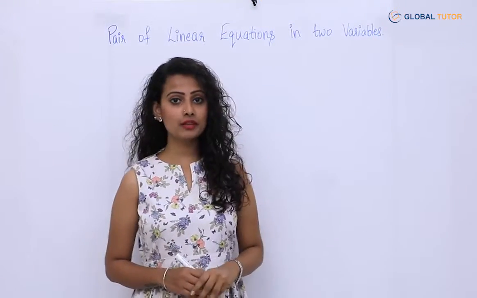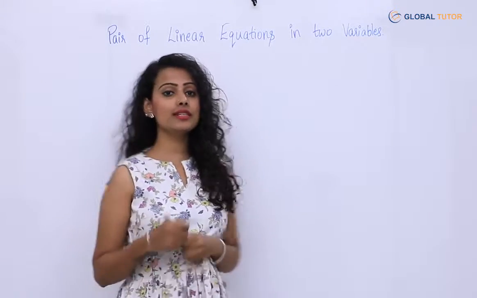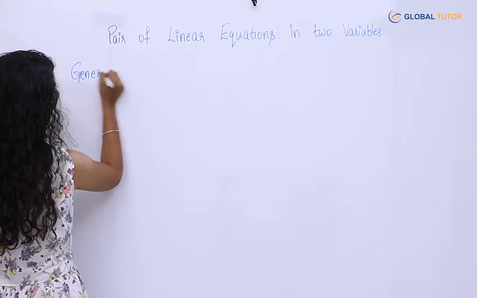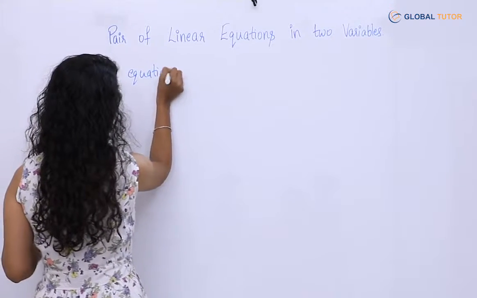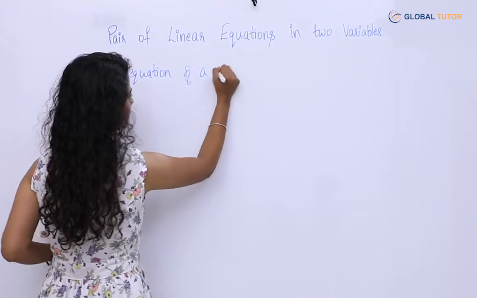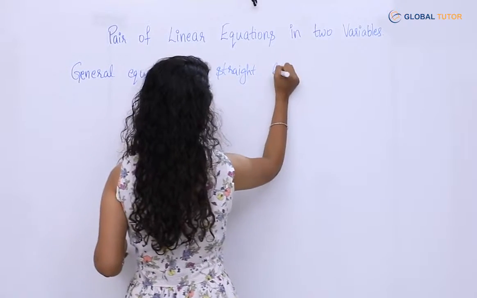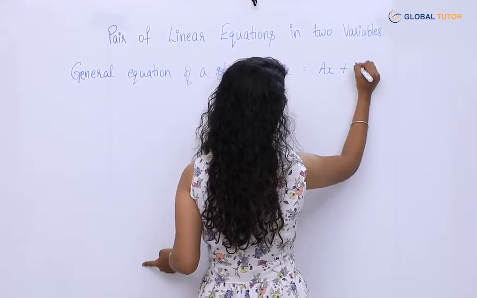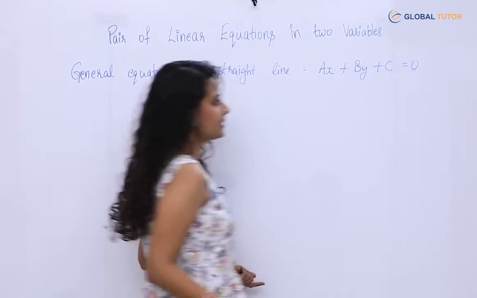So before starting off with pair of linear equations in two variables, let us see what is the general equation of a straight line. It is ax plus by plus c is equal to 0.